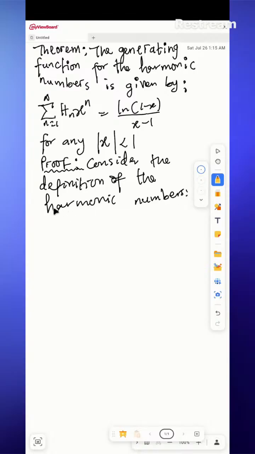Now, we know that the harmonic number Hn is equal to Hn minus 1 plus 1 over n. Okay, so Hn is equal to Hn minus 1 plus 1 over n.